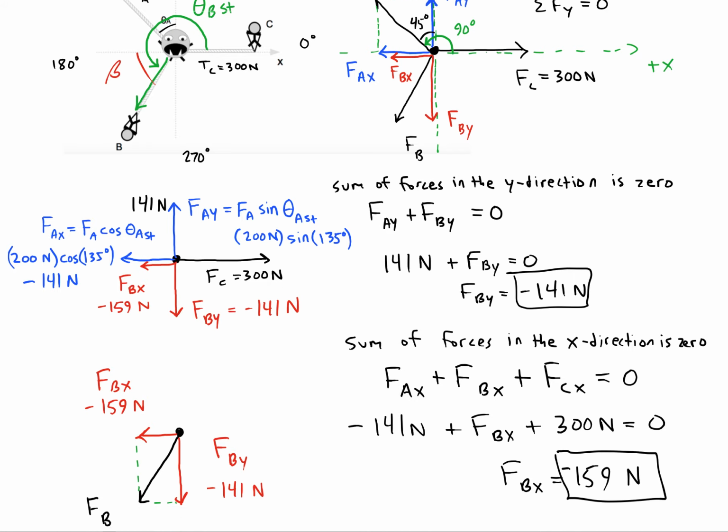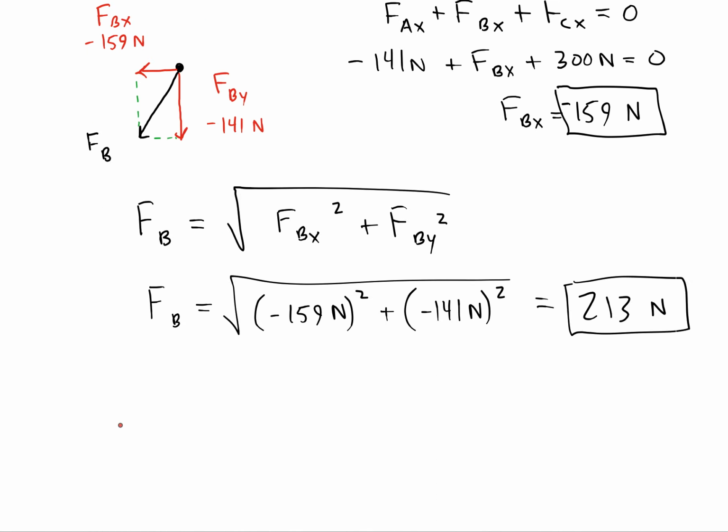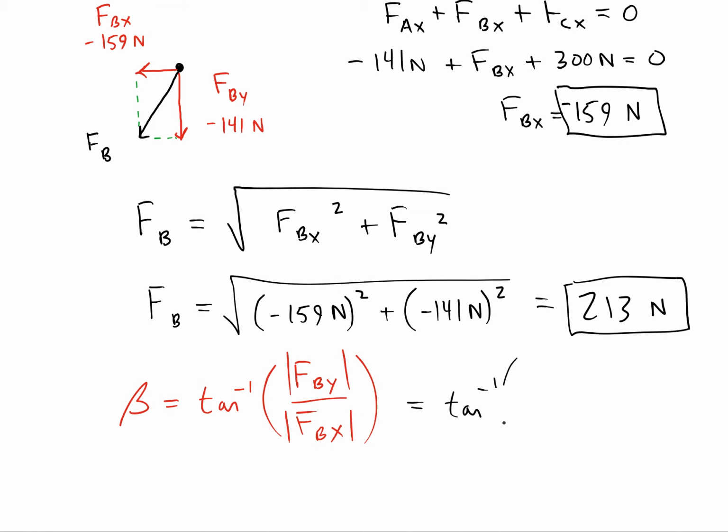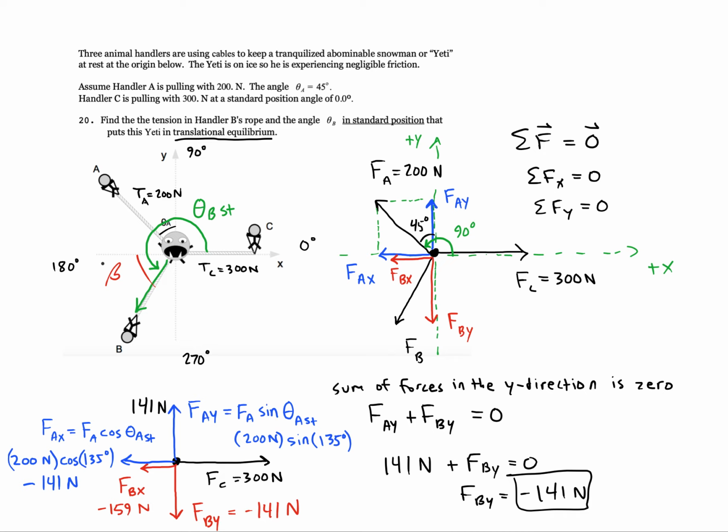So let's find beta. There's a formula for it. Beta is the tan inverse of Fby over Fbx. So that'll be tan inverse of 141 over 159, 41.6 degrees. So we know beta now, 41.6.